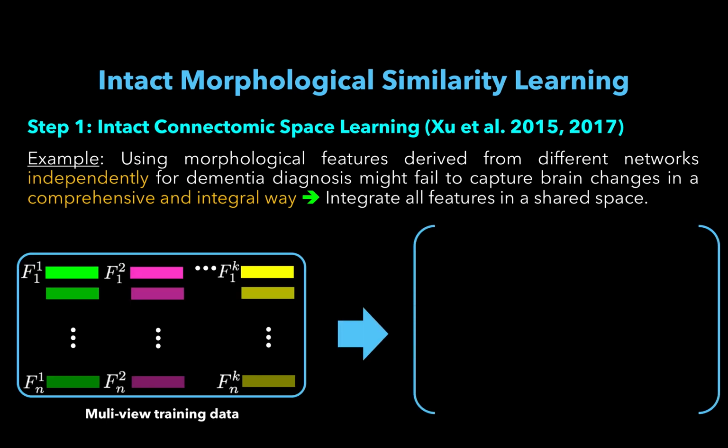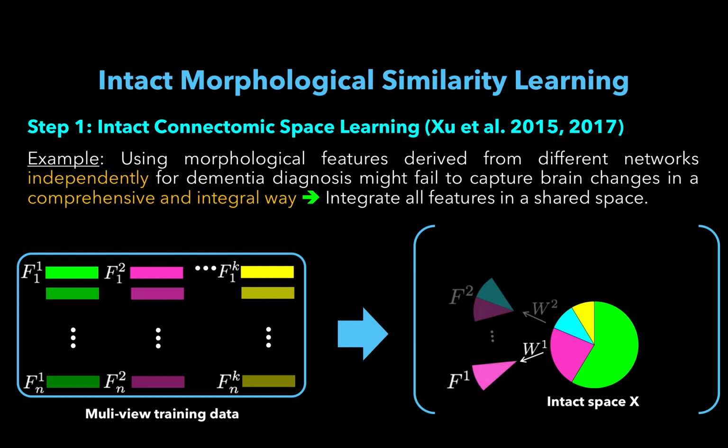Given a set of multiple network views for each subject in a given dataset, we generate a complete intact space X. Specifically, the feature view F1 that represents the view 1 of all subjects in the intact space X is generated via a mapping function W1, which projects each view independently into the intact space.